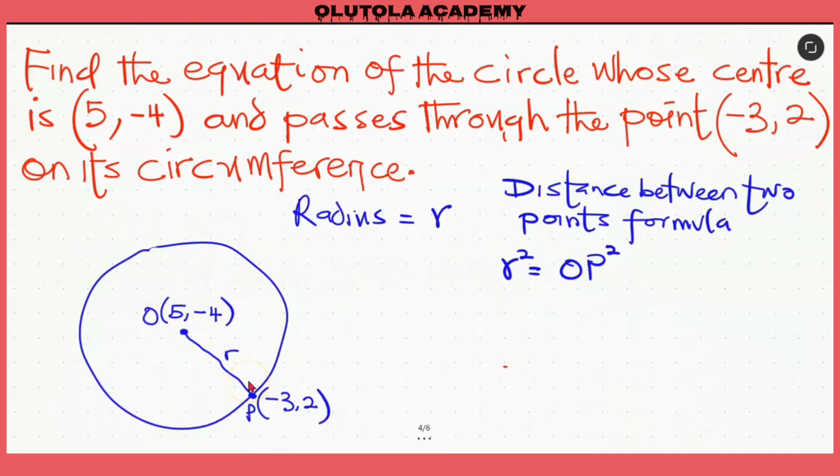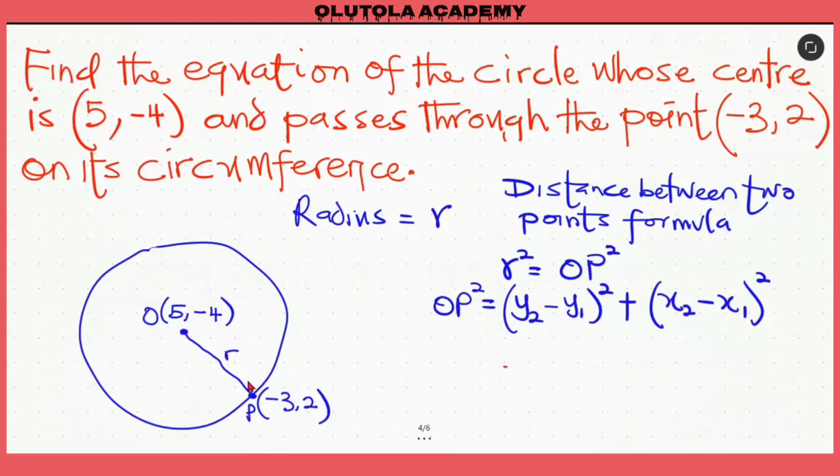So OP square is equal to (y2 minus y1) all squared plus (x2 minus x1) squared. So that's the distance between two points formula.